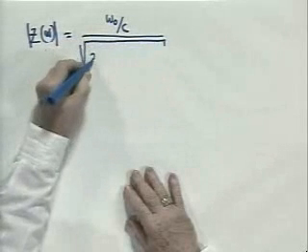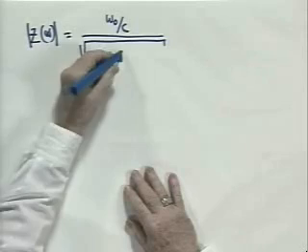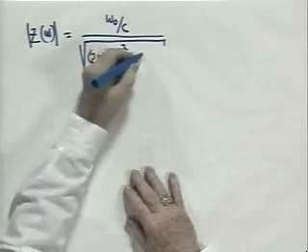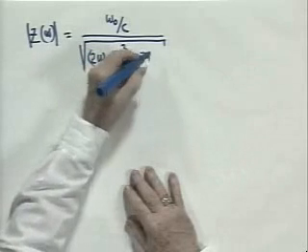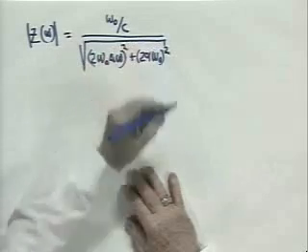So we have the square root of the quantity 2 omega naught delta omega squared plus the quantity 2 alpha omega naught squared.